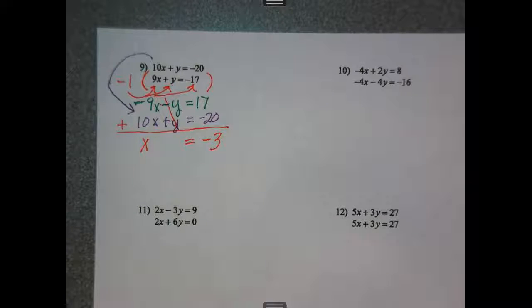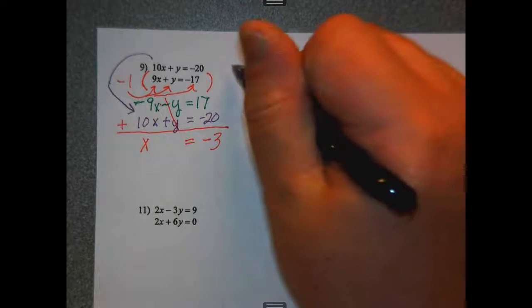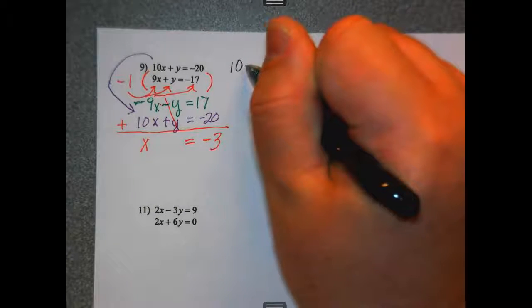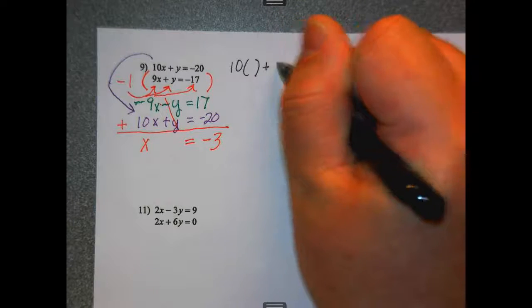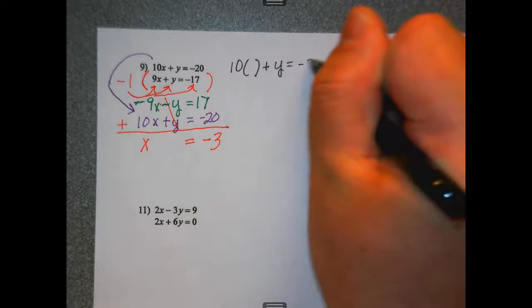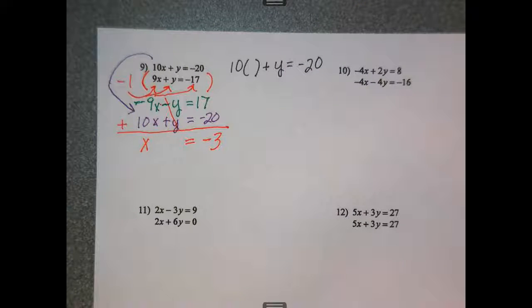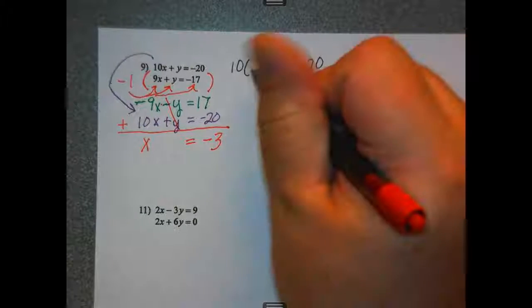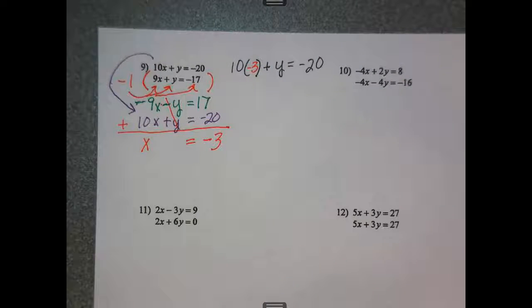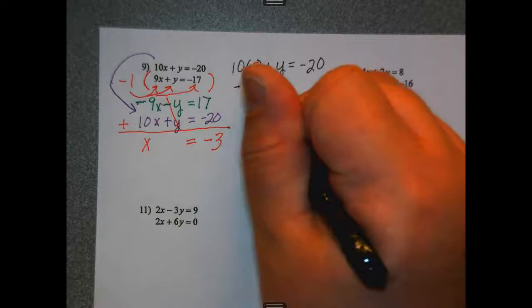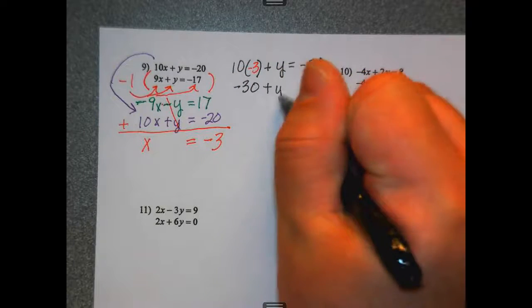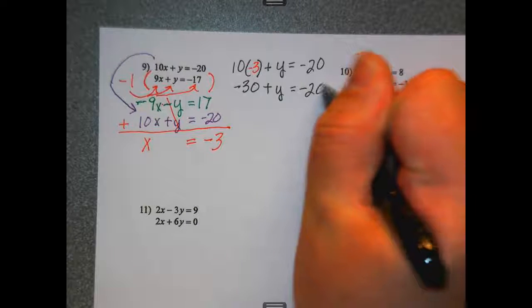I'll pick the top one. 10x, we know what x is, so I'm going to put parentheses for x, plus y equals -20, and x is -3. So I get -30 plus y equals -20.